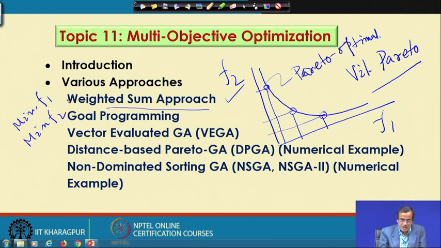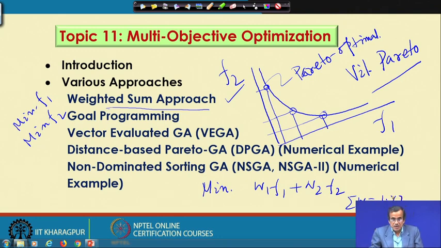So, this is converted into a single objective optimization problem: minimize W1 multiplied by f1 plus W2 multiplied by f2, such that the sum of the W values becomes equal to 1.0. So, I can take W1 equal to 0.3, W2 will be 0.7 and vice versa. Using this, the 2 objective optimization problem will be converted to a single objective optimization problem and we can solve it. Here we consider only 2 objectives f1 and f2.